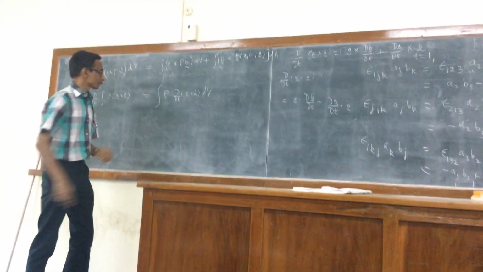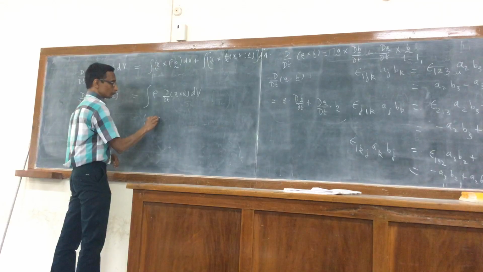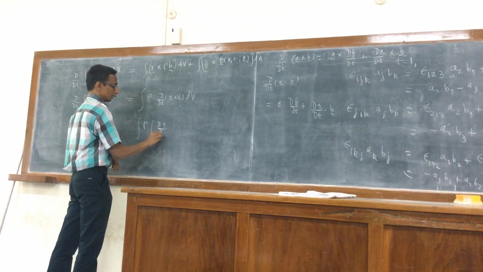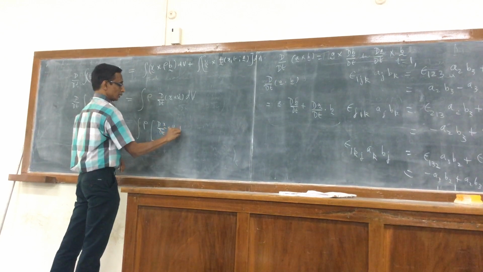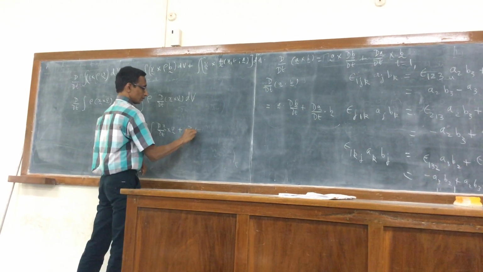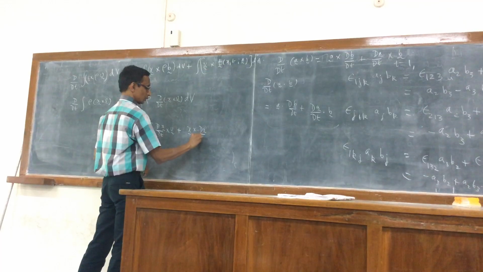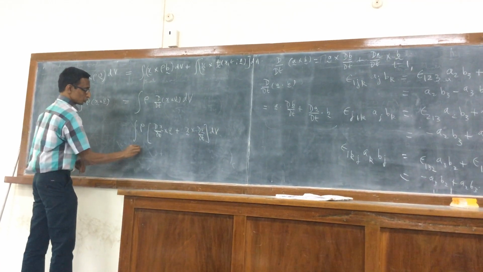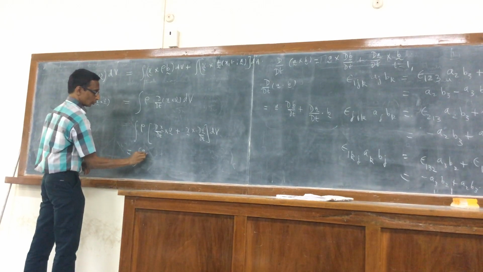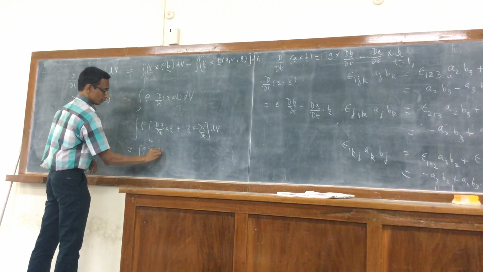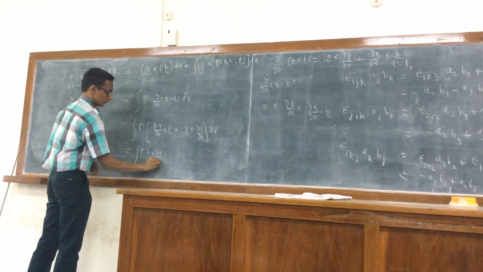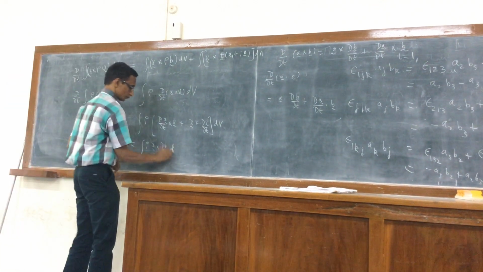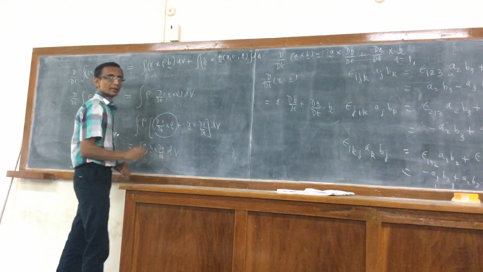So I get this. So now this would be rho. I can write the same thing, dx by dt cross v plus x cross dv by dt. Now you show that this is equal to rho x cross dv by dt, which means that this is 0.